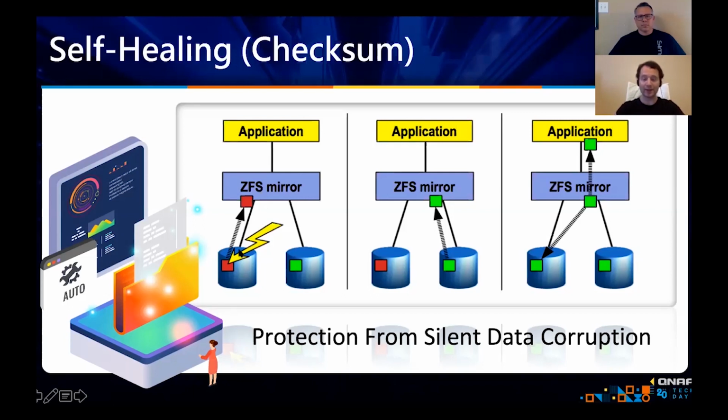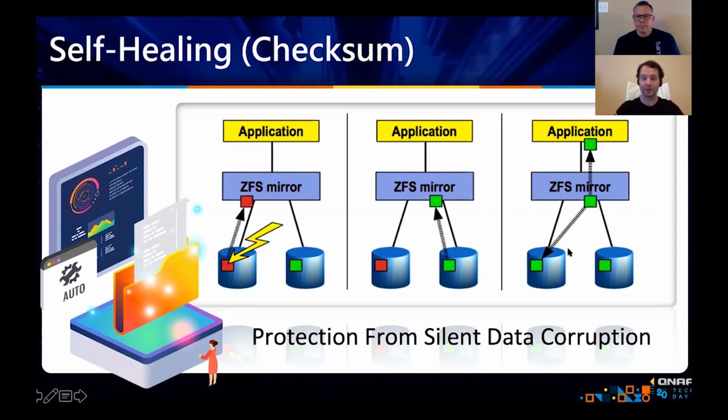With RAID 1, this is the easiest to explain, but it works with the other RAID configurations as well. In this example, there's corruption, which means immediately it knows there's corruption because of the checksum. All it has to do is, with RAID 1, there is mirroring, so there's a copy of that block on the other drive. It simply copies the good block over and overwrites the corrupted block. And now there's again two good blocks.